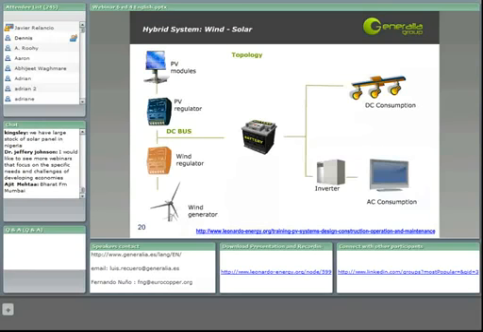Here you have a diagram of what we were commenting, that the wind generator and the PV generator are connected by the DC bus to the batteries. If we wanted to connect a diesel generator, as there also exists the possibility of combining wind, diesel and solar generators, we would have to connect the diesel generator directly to the inverter.